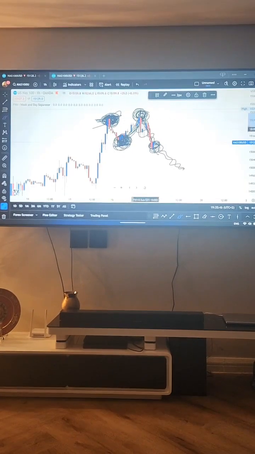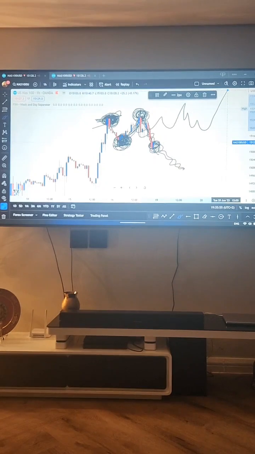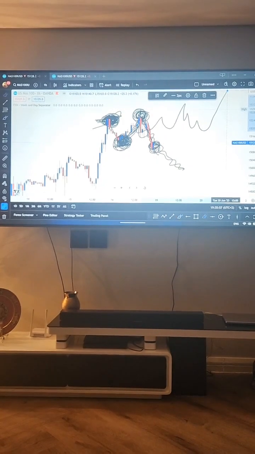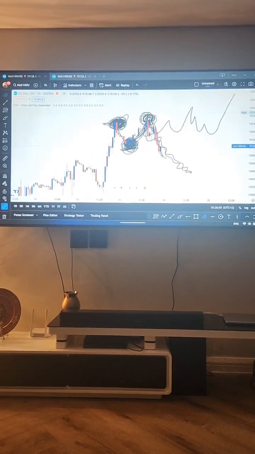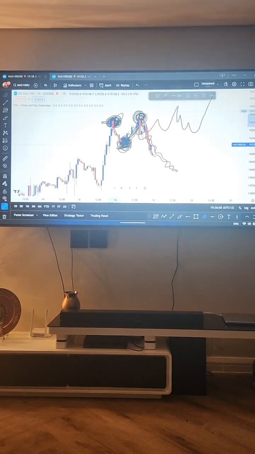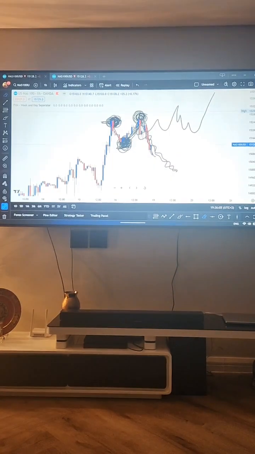Because normally price can just do something like that, range, and then all of a sudden go higher. But there was a confirmation for me, which I'm going to show you, that will give you an understanding of what to expect in regards to price and what price is actually doing.